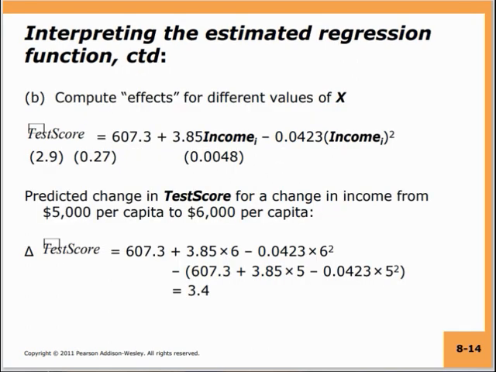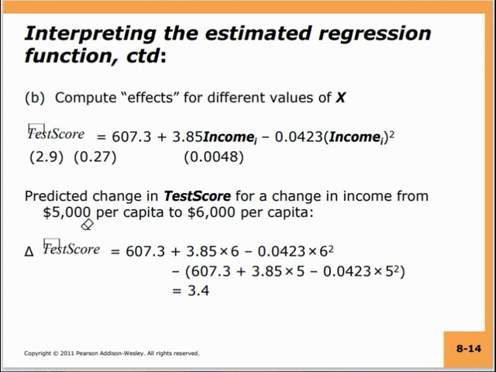Now, how do you compute the effects for different values of x? Remember that you do not get a constant slope which is the same no matter what value of x you take. So over here you have to take different values of x. Suppose the initial x was $5,000 per capita and the final x goes to $6,000.